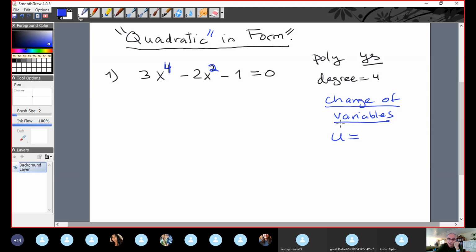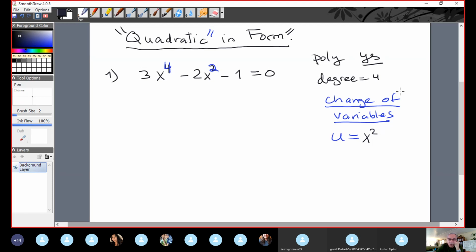So I propose you change the variable x, the original variable, to a new variable u. But you take always x squared. How do you know that? Because you take the smaller exponent. We have 2 exponents. The smaller multiplied by 2 is the greater exponent. This is the classical interpretation of quadratic in form.